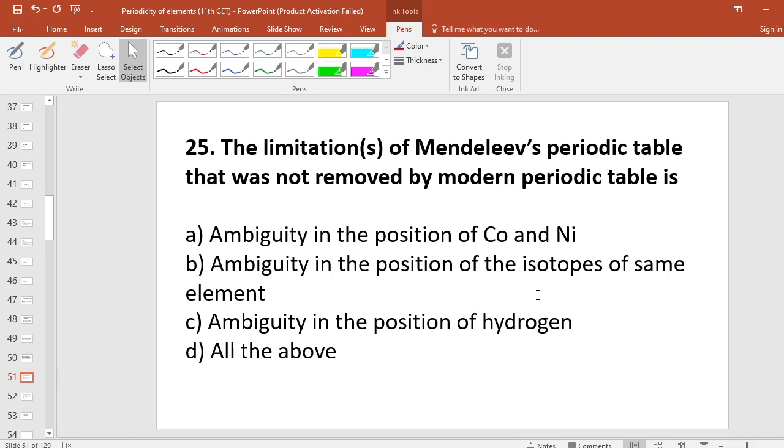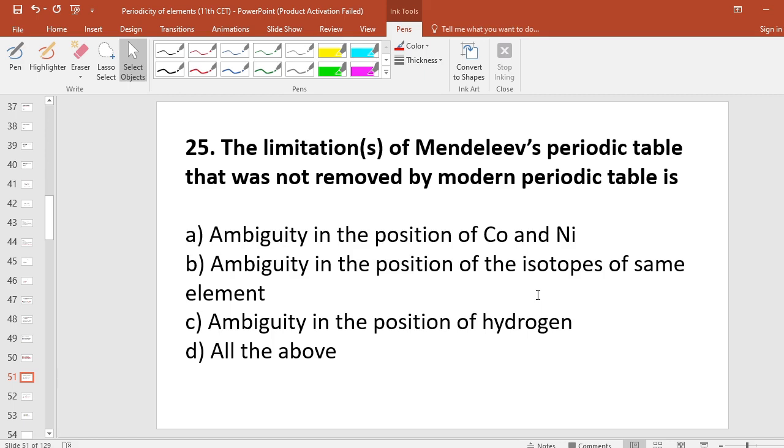That was removed later on, because even if their atomic masses are the same, in the modern periodic table atomic number was the property used, and therefore atomic numbers of cobalt and nickel are different, so they were placed in different boxes, and so this ambiguity was removed.